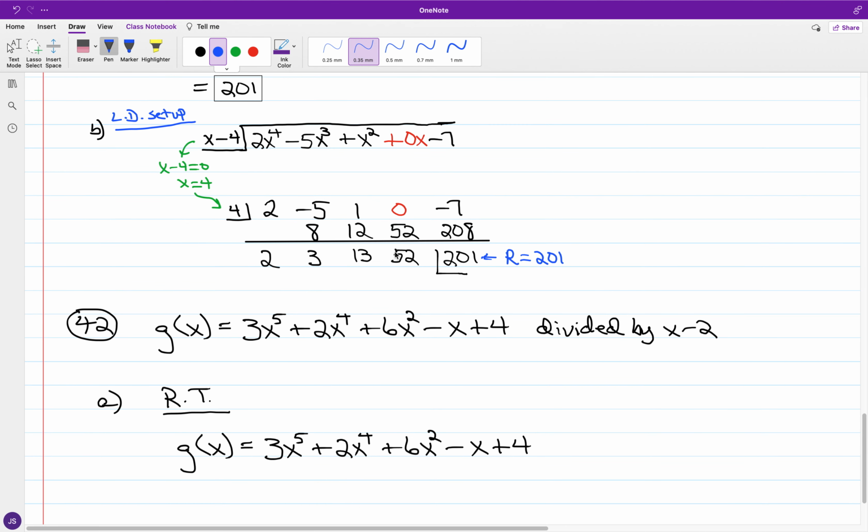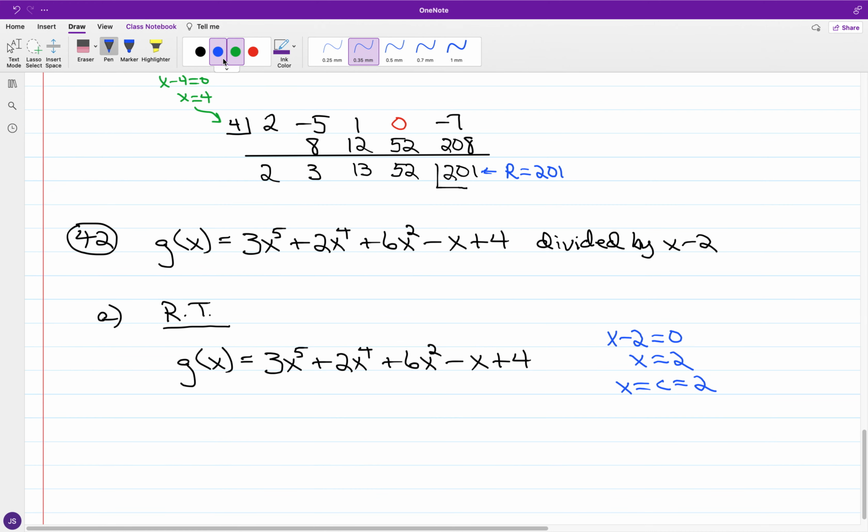In the case of the divisor, we have x minus 2 is equal to 0, so x equals 2, which is the c value. In the case of the polynomial g of x, the remainder whenever this 5th order expression is divided by x minus 2 is going to be g of 2.